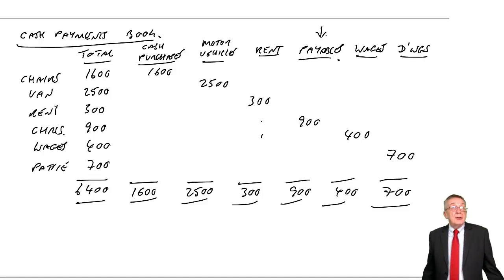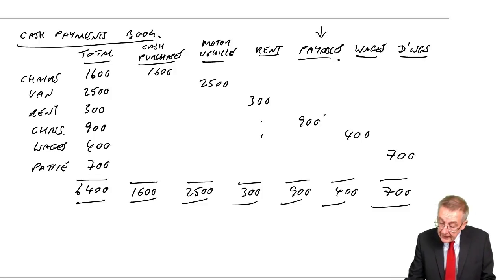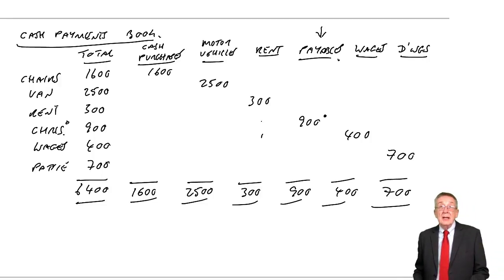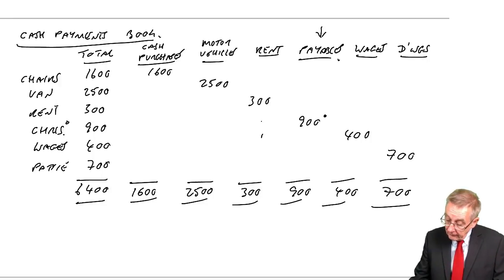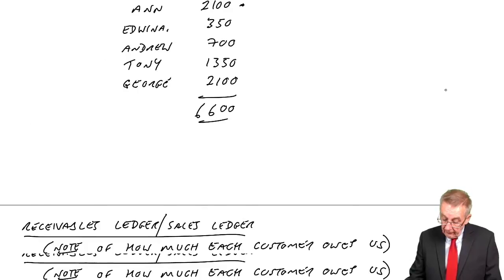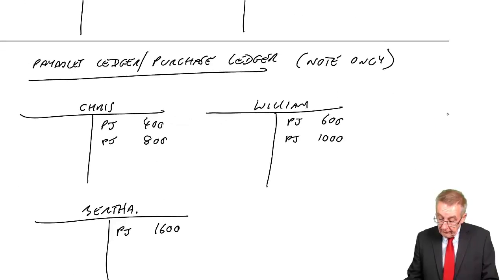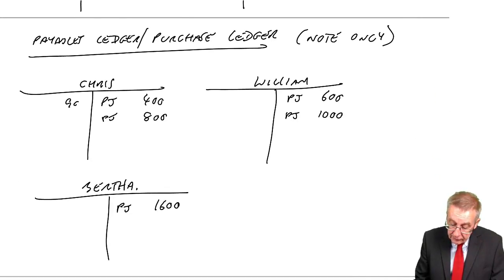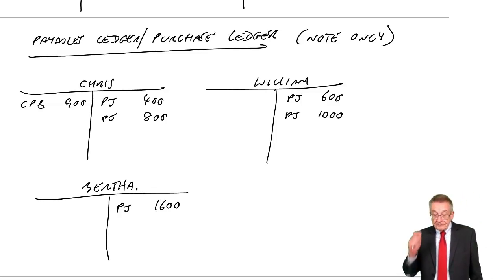And although in real life there are likely to be thousands of payments here, there's only the one, which was to Chris, of 900. Cash payments book, CPB.